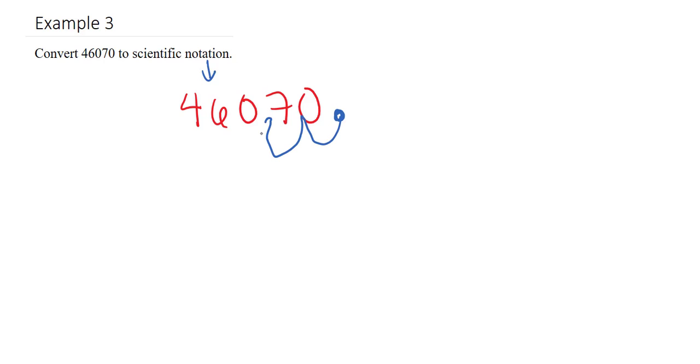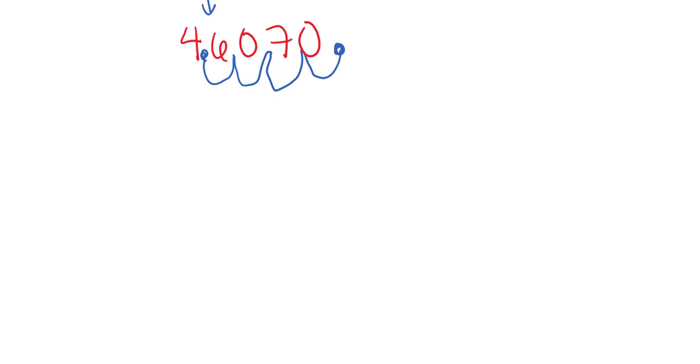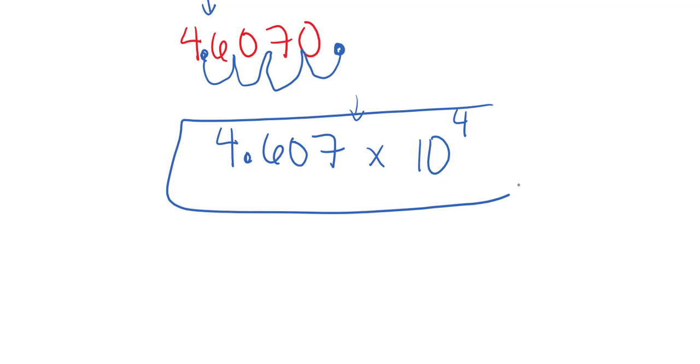We have 1, 2, 3, 4. So we end it right there. Now we notice we moved it to the left. Now we're just going to go 4.607. We don't need to include the 0 because it's understood. Now we can go times 10, and we moved it 4 times, and we moved it to the left, so it's going to be positive. So that would be our solution here.